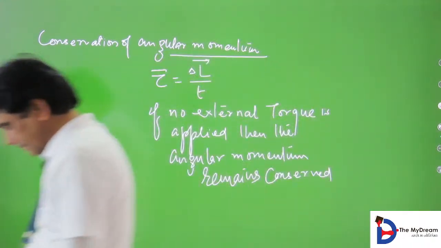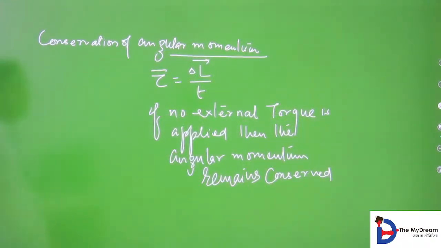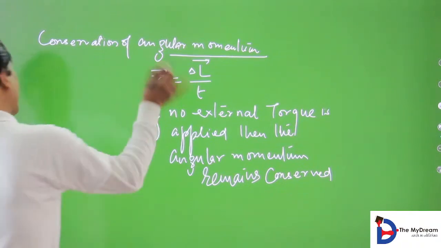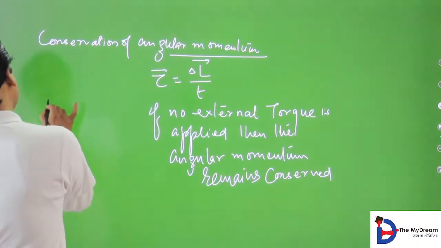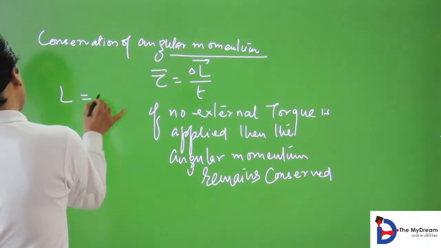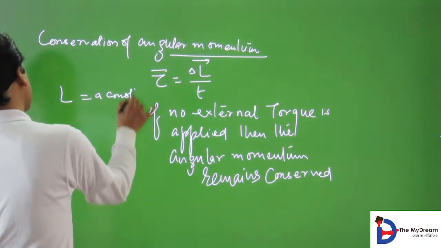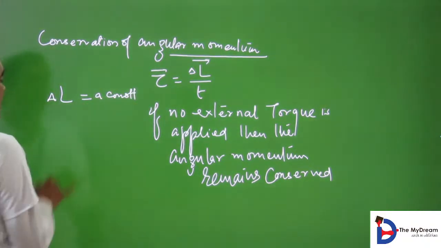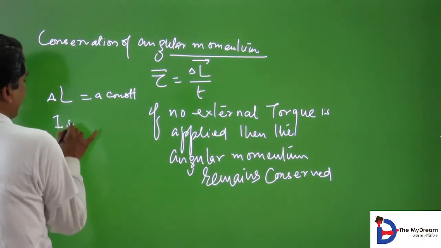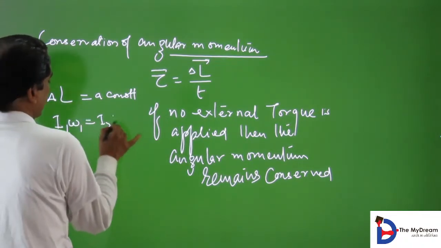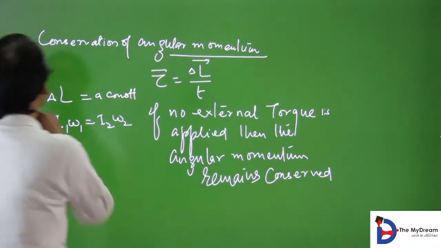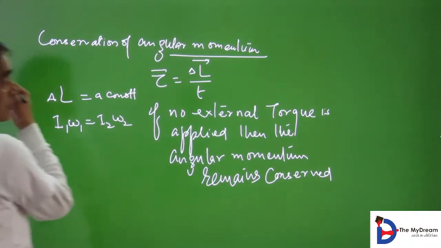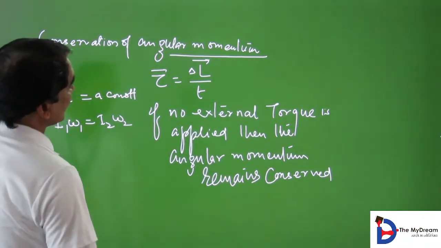As the momentum is conserved, L is equal to a constant, delta L is zero. So I1 omega 1 is equal to I2 omega 2.